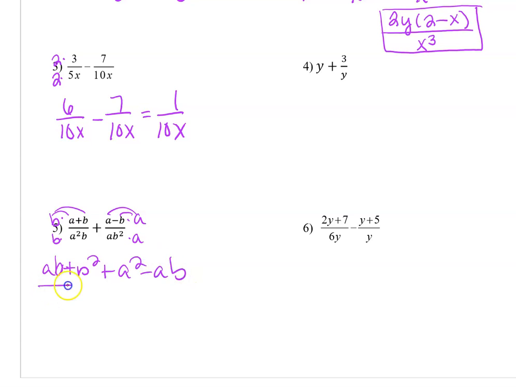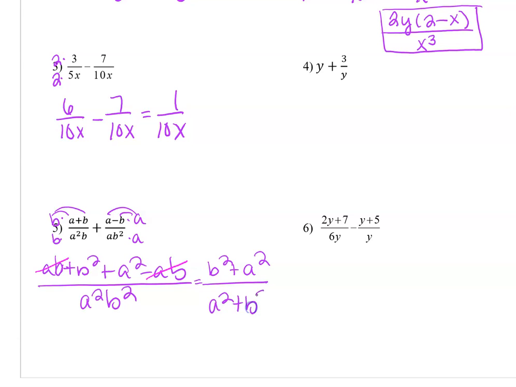And this is all over our new common denominator, assuming I wrote this as one fraction, a squared b squared. And then I'll clean this up. All over a squared b squared.